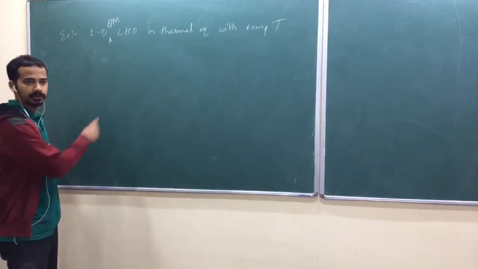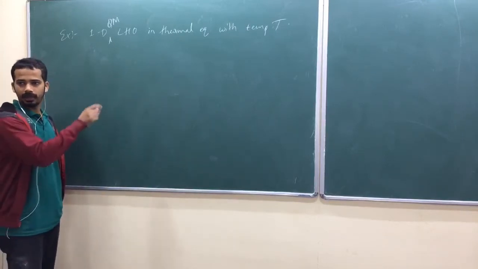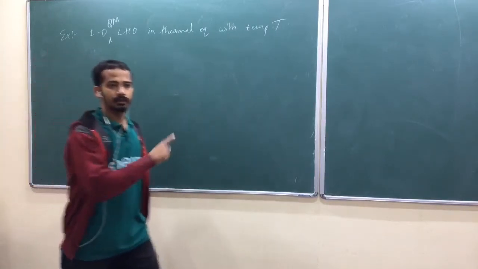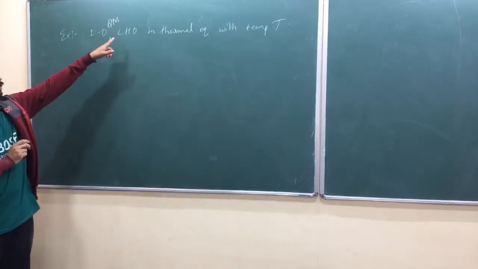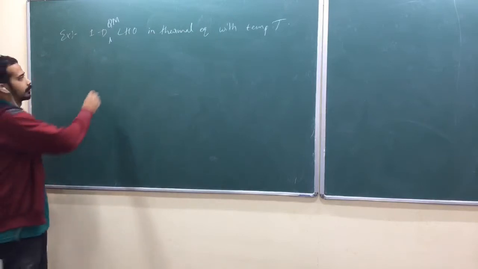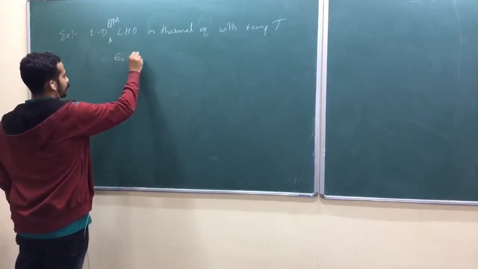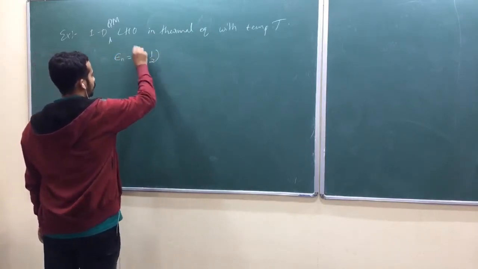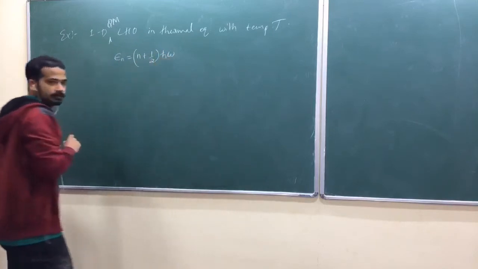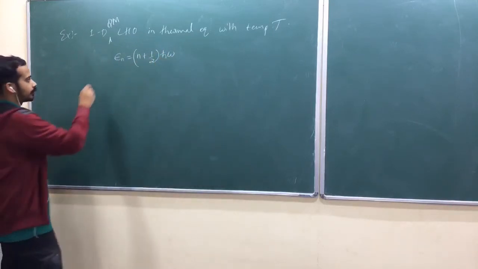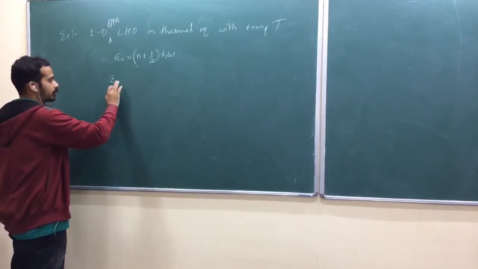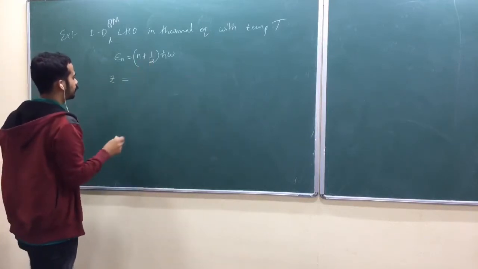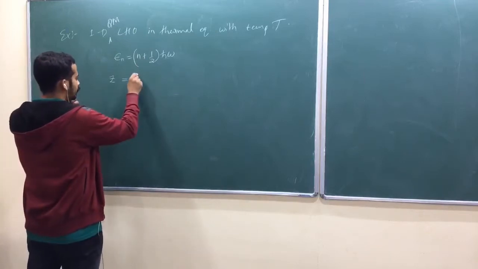So our partition function was a summation, because our energy levels were discrete. What is the energy? E_n = (n + 1/2) h bar omega. Is that okay? So find the partition function first. We are talking about only one particle in thermal equilibrium at temperature T.